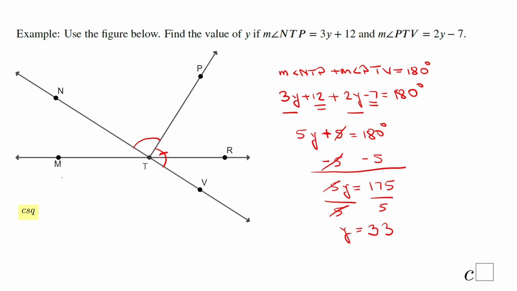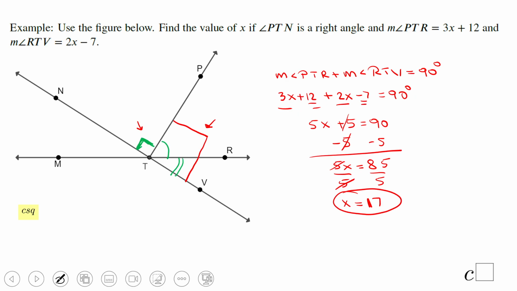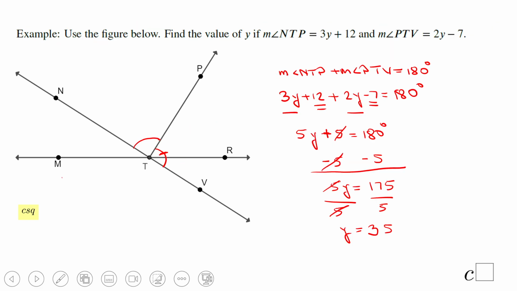I might be wrong. Sorry. 35, not 33. Let me go back a little bit to the other problem. Yeah. So you notice they look the same, however, they are different. We found the value of y.